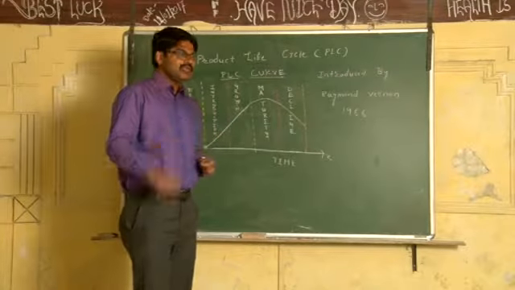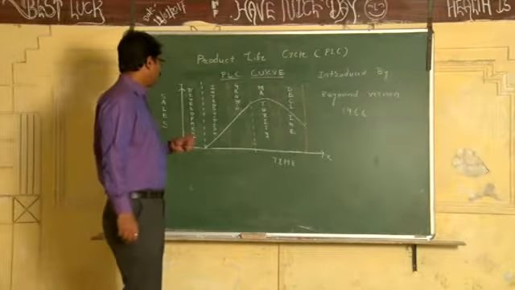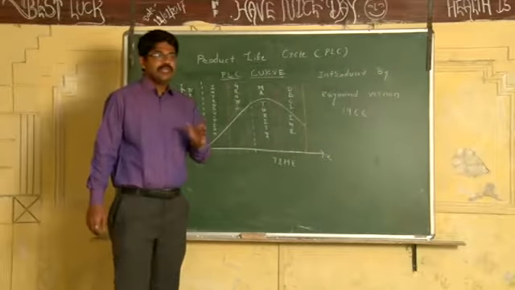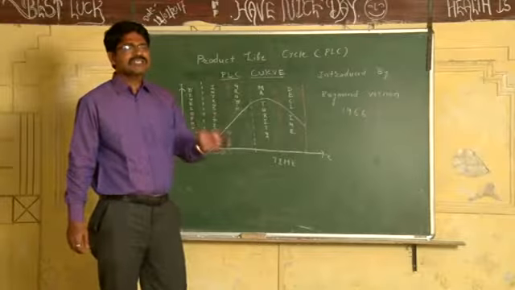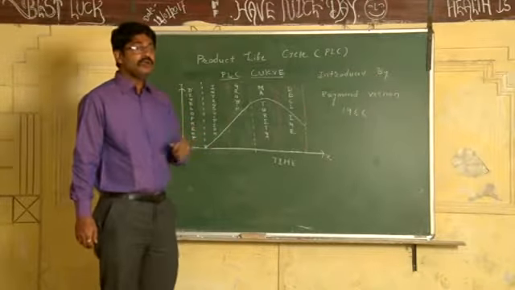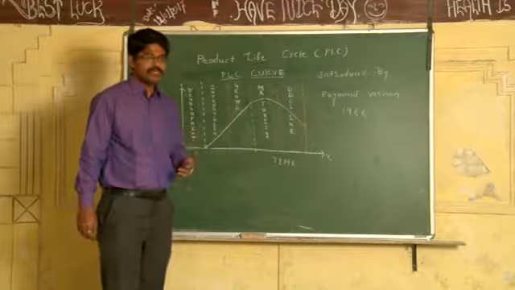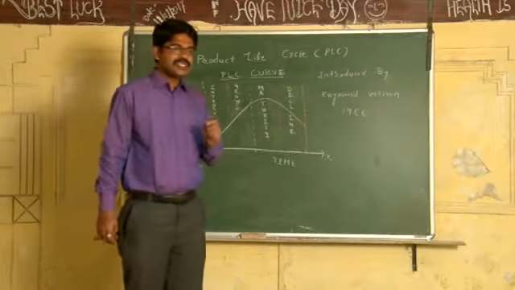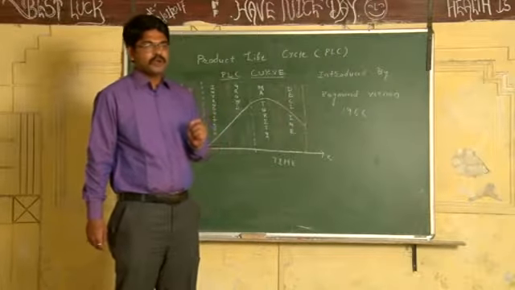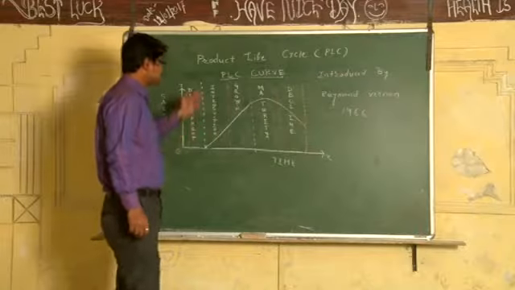Skimming is especially used by marketers when the product is a high-tech product, because in such products the developmental cost is very high. In order to recover its developmental cost, companies generally increase the price of their products. So that happens in the pricing.